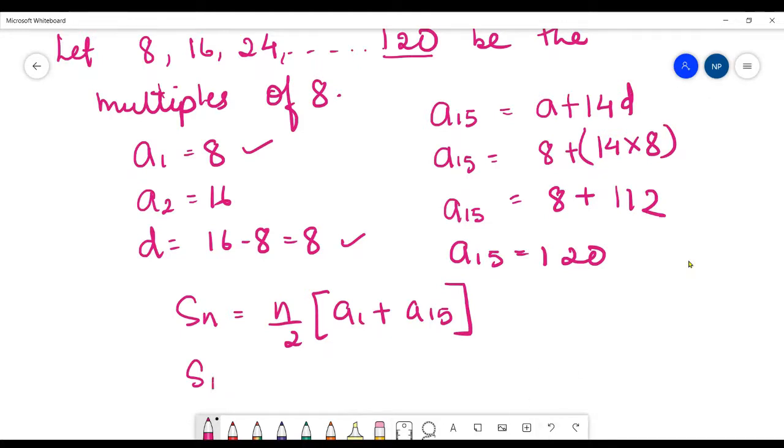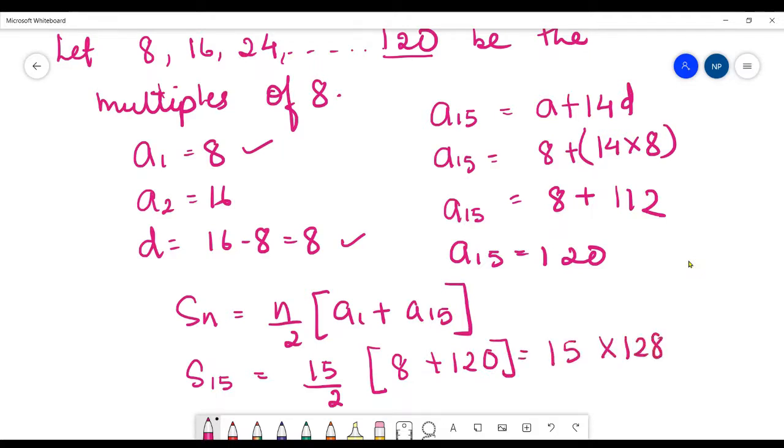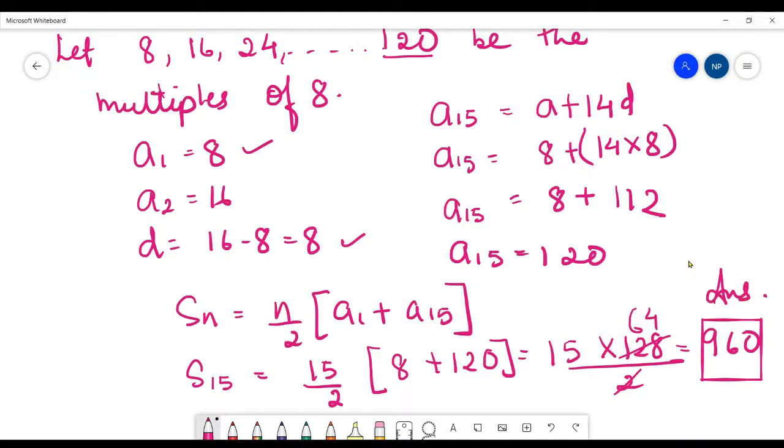Write it down as S15 is equal to 15 by 2 multiplied by A1, which is 8, plus 120. 15 into 128 upon 2. This goes as 15 into 64. The answer is 960. Okay. With this we complete question number 13.